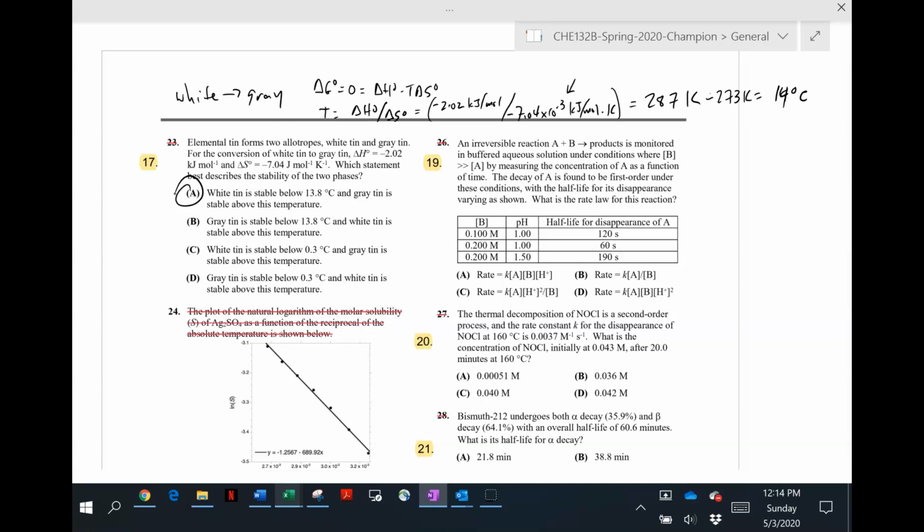So, is that right? Let's think about that. We think about our graph of delta G versus T. Which one do we have here? We have a negative delta H and a negative delta S, so it's going that way, right?